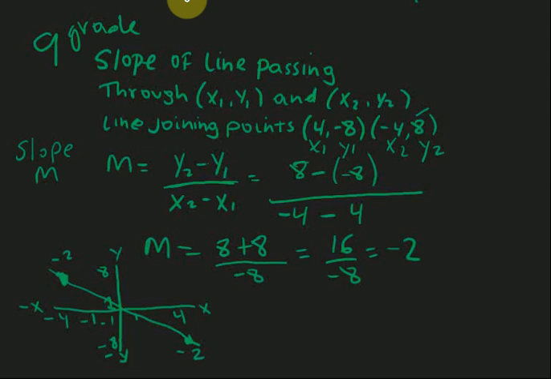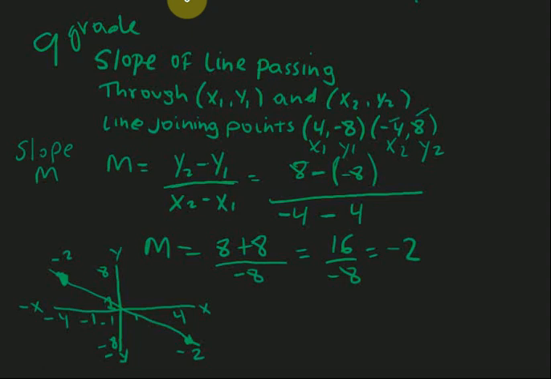Then y1 is negative 8, so you have to put it in parentheses, because there is a negative sign coming and a multiplication. And then the bottom is x2, which is minus 4.